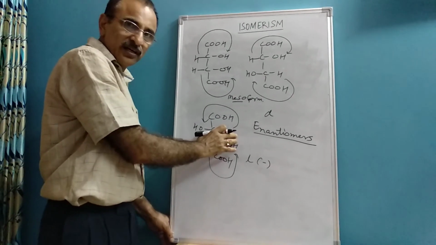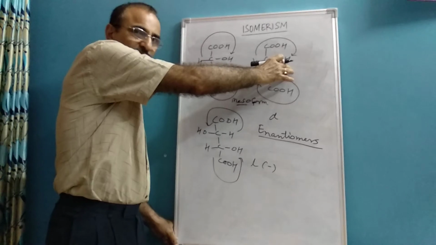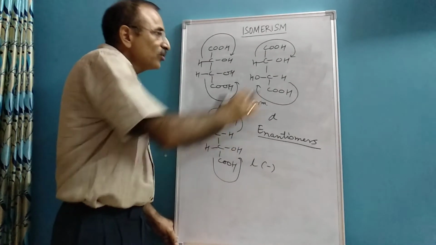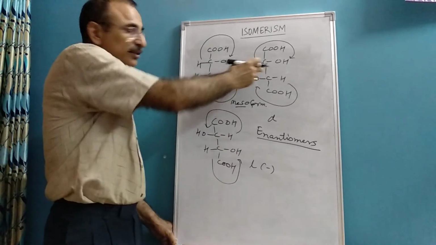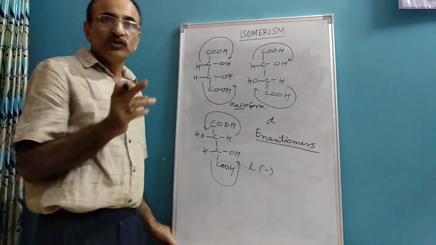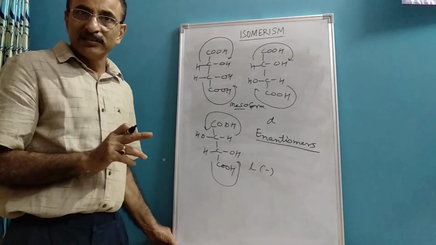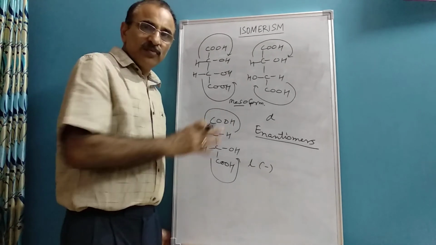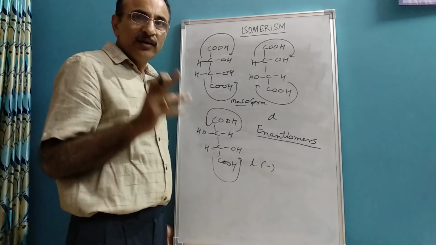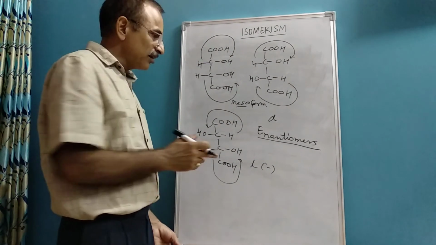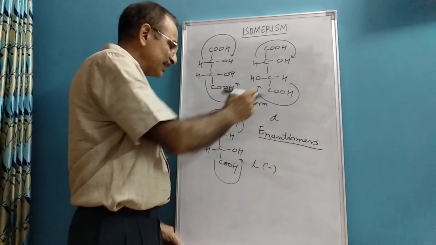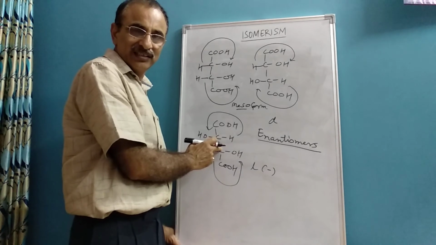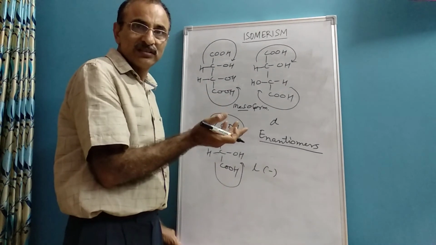But when we are going to superimpose this molecule, levo over dextro or dextro over levo, they form non-superimposable mirror images. Any pair of molecules which form non-superimposable mirror images are called enantiomers. Therefore, D and L tartaric acid are enantiomers.